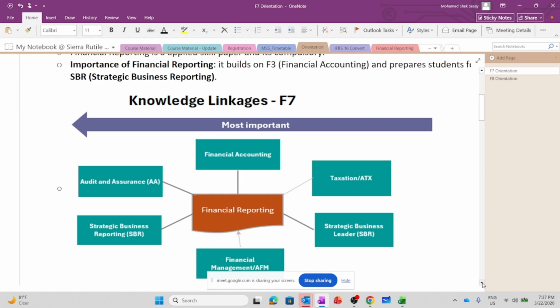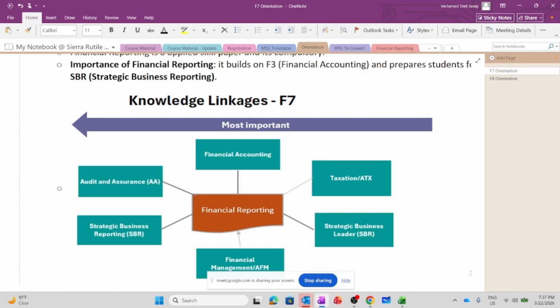Then also for strategic business reporting, the professional level, your understanding of financial reporting will be carried forward. Also, if you look at taxation, which is very important for the ACCA examination, when we calculate the tax adjusted trading profit, you need to know your financial statements.